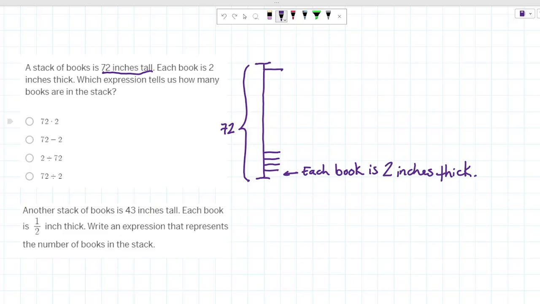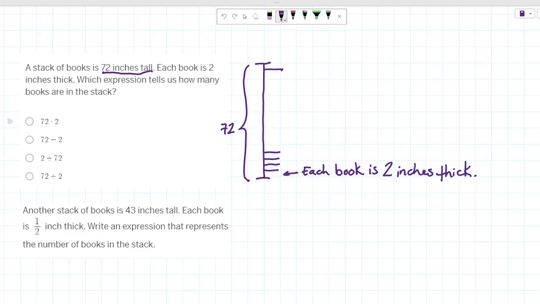Because 2 divided by 72, well, you can't even fit any groups of 72 inside one group of 2. So that's kind of a red flag that we definitely have at least one book in this stack, so it's not going to be 2 divided by 72. That leaves us with 72 divided by 2.